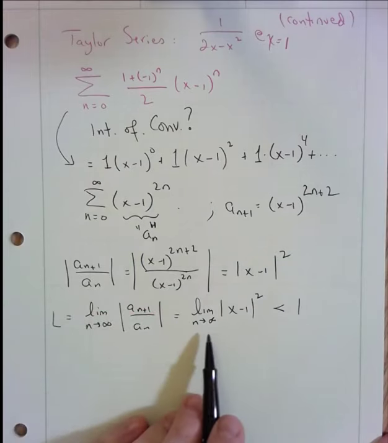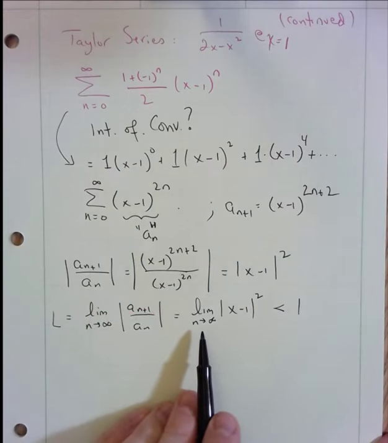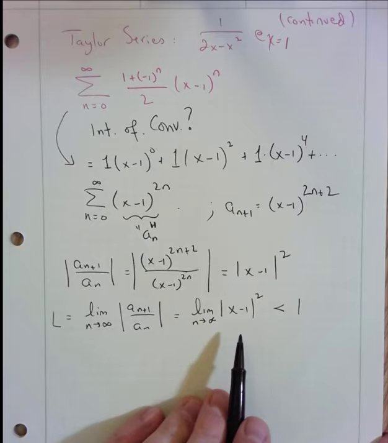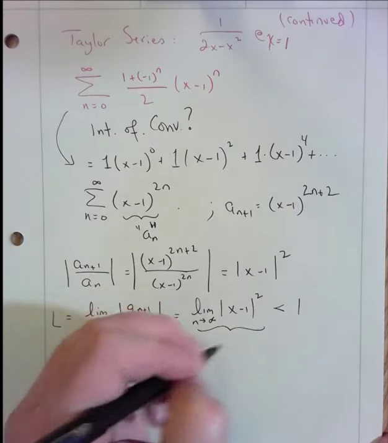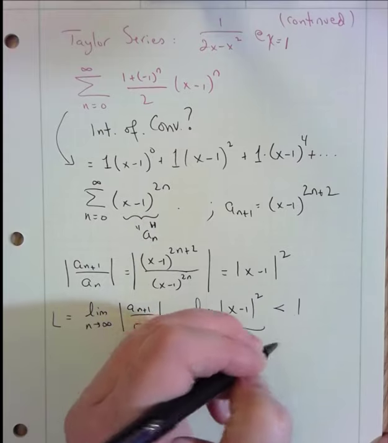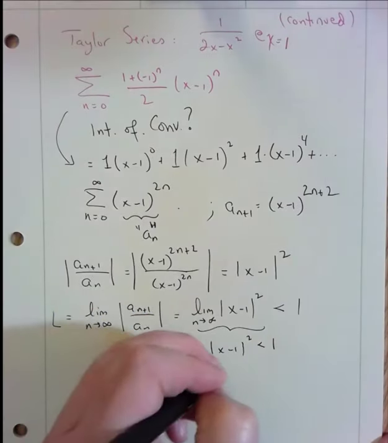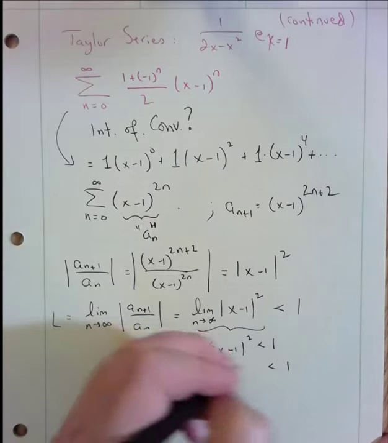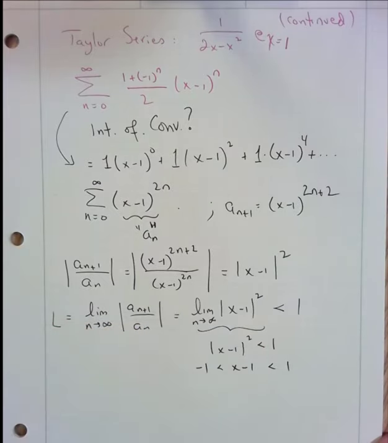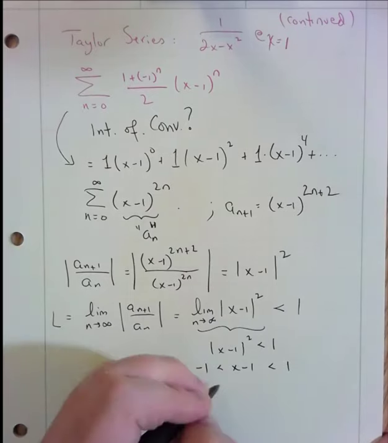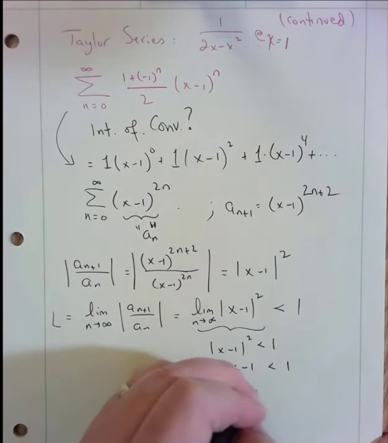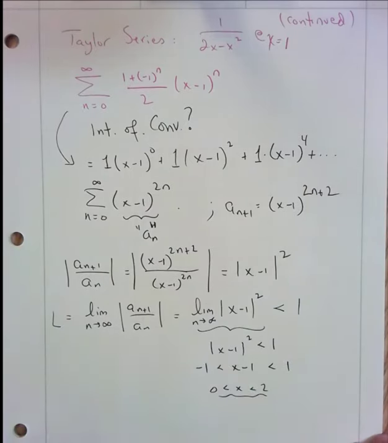Now, you might think this is a little weird because you're doing a limit as n goes to infinity of something that ended up with no n's in it. Well, that's fine. This is just then x minus 1 squared in absolute value has to be less than 1. That means that negative 1 and 1 are the bounds of x minus 1, which means that we're looking at the interval between 0 and 2.